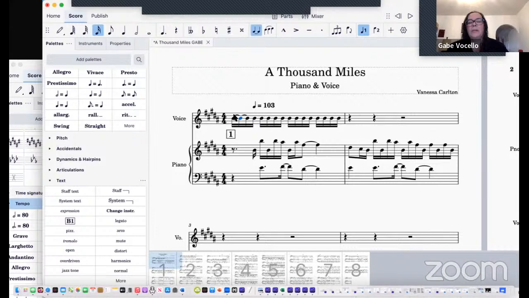So it's like this, slow, and also like this. You don't articulate each note separately, but together.